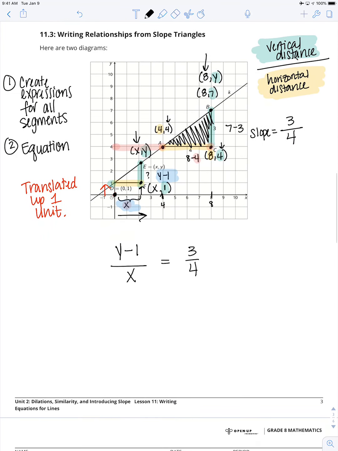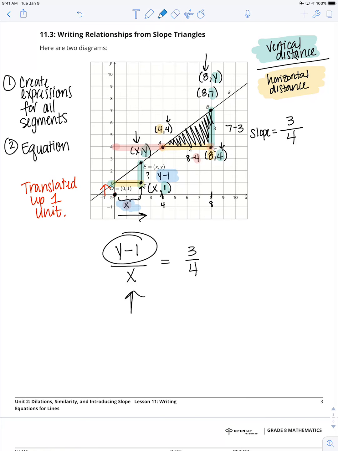But now I have to consider that the line has been translated up 1 unit. So because it's been translated up 1 unit, my slope triangle essentially is up 1 unit. I have to subtract 1 from that y value to take into consideration. My x value didn't need to do that. Any point I use should give me 3 over 4 if I use this rule. So let's try it out.